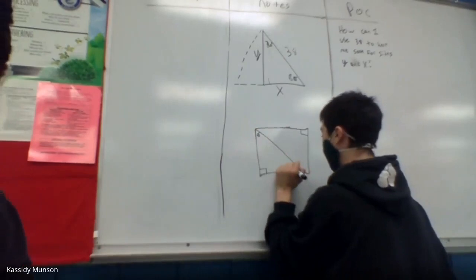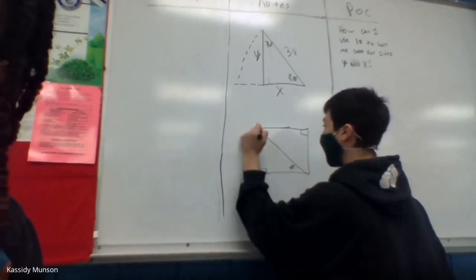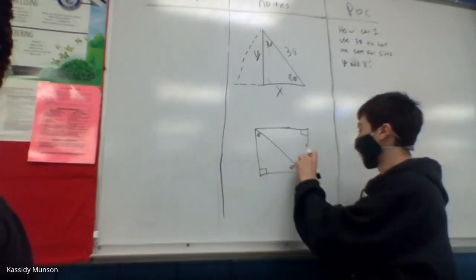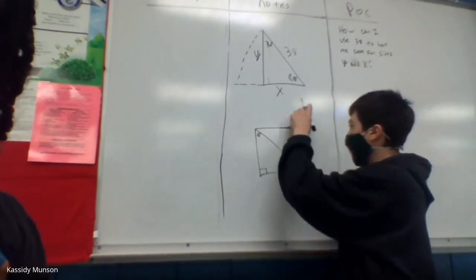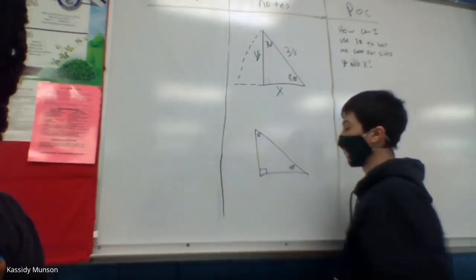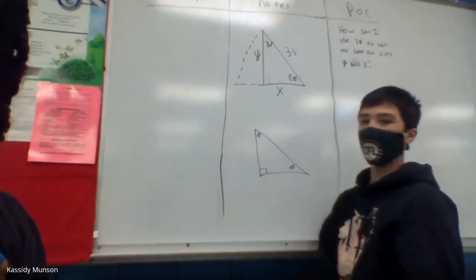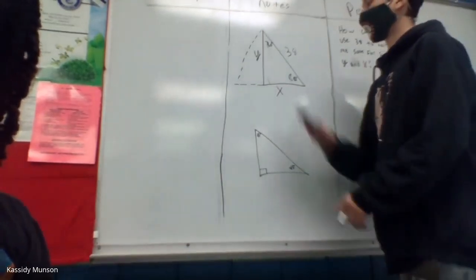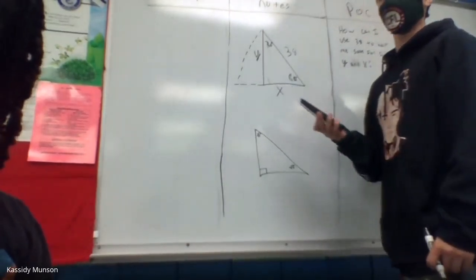Forty-five degrees. Okay. That's a 45, 45, 90 degree triangle. What we're solving is a 30, 60, 90 degree triangle.